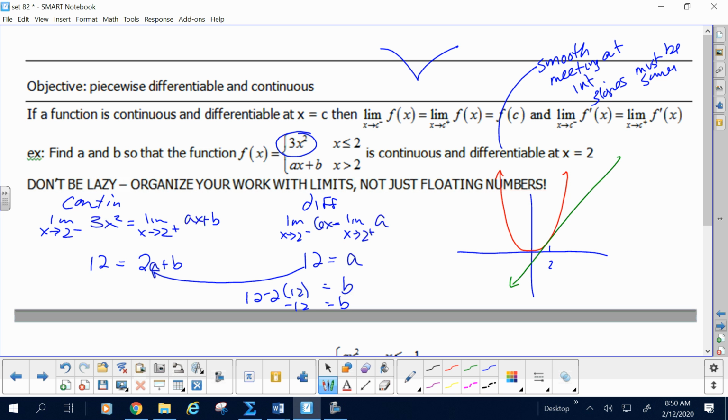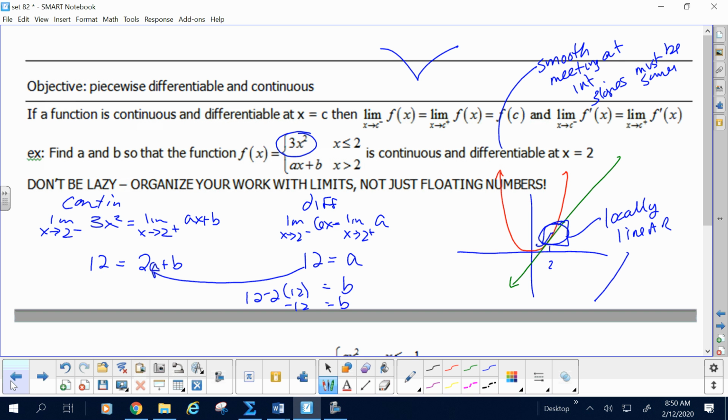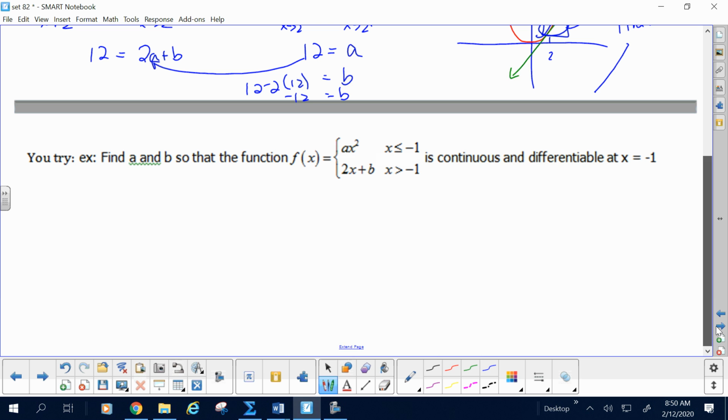This is called locally linear, which is to say, if you zoomed in on this, when they meet, it would look like one line, although they are two totally different pieces. Now one for you. Try one on your own to make sure that you get the gist.